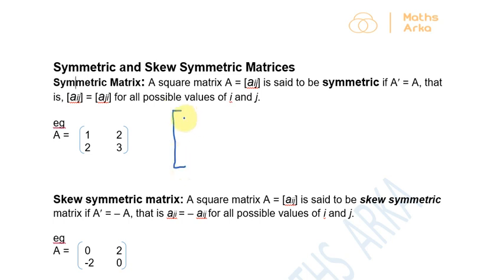Let's first write any numbers in the diagonal: 2, 3, 8. And here what we have is 1, then 6 and 3. If it is said that it is a symmetric matrix, then the diagonal could be anything.